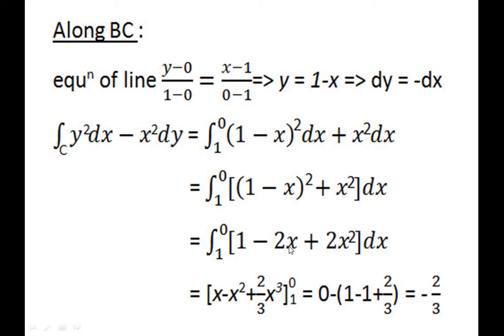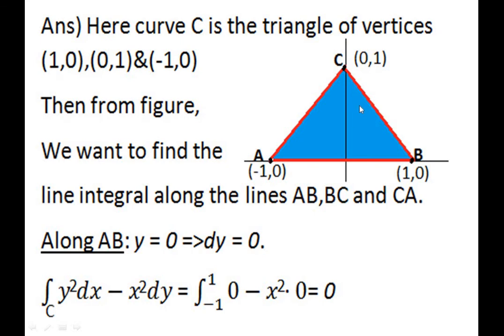Integrating 1, 2x and 2x square, we get x minus x square plus 2 by 3 x cube from 1 to 0. After substituting the values 0 and 1, we get 0 minus (1 minus 1 plus 2 by 3), so that equals minus 2 by 3. That is, the integral over BC is minus 2 by 3.